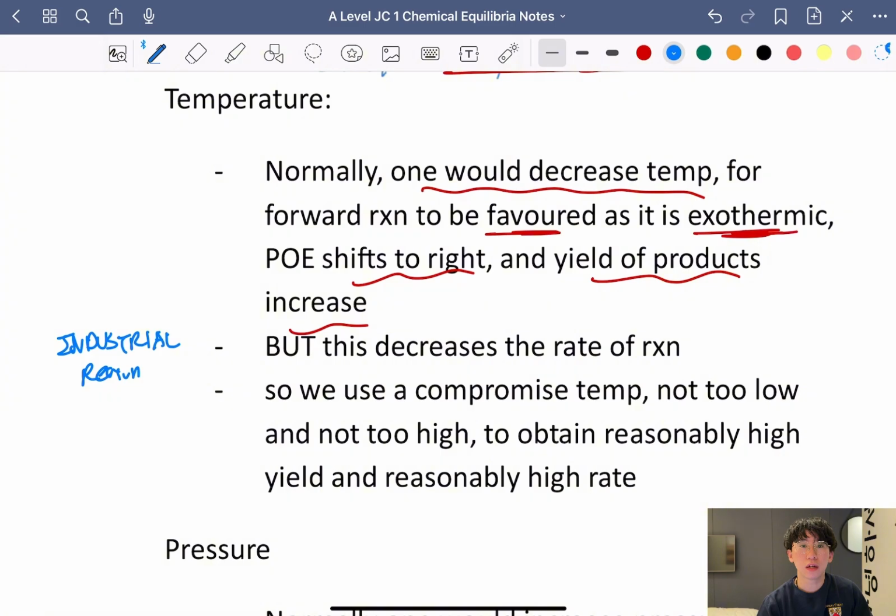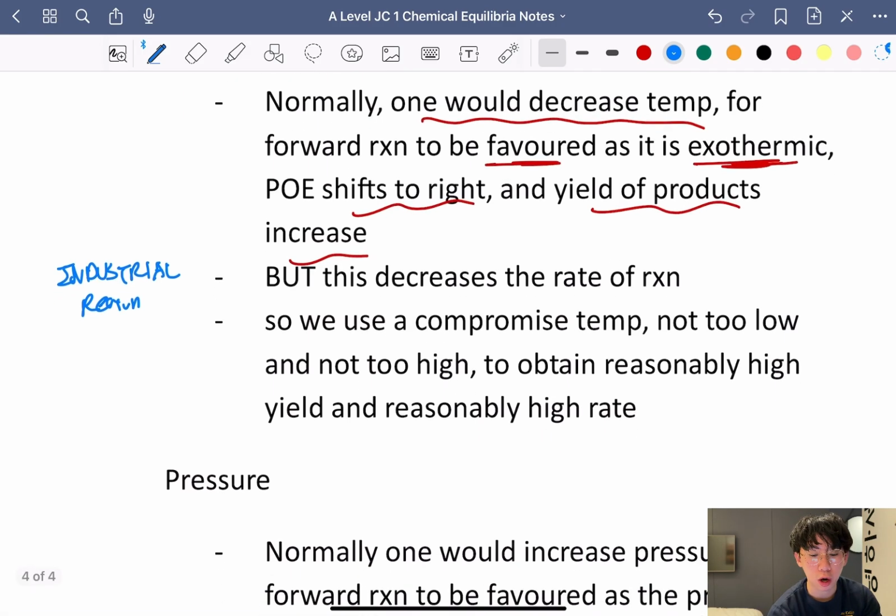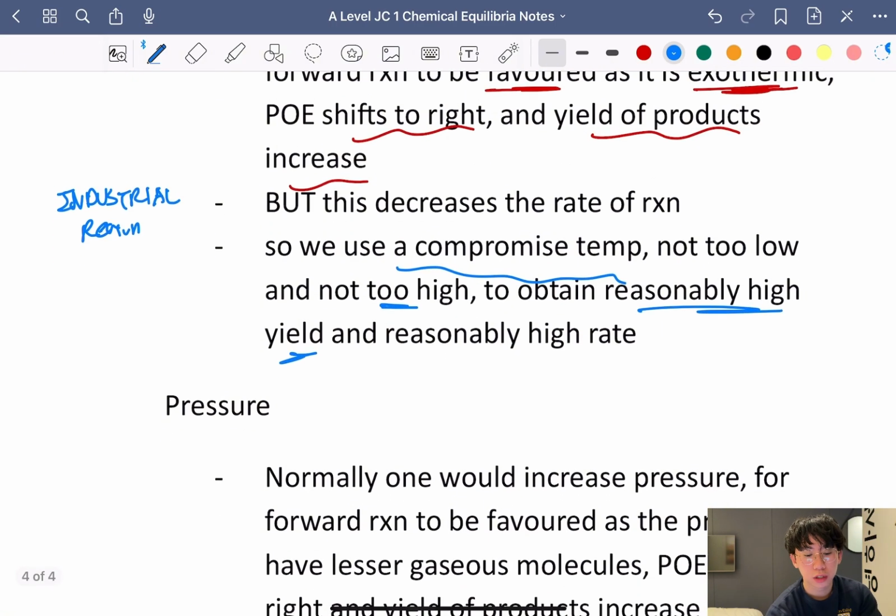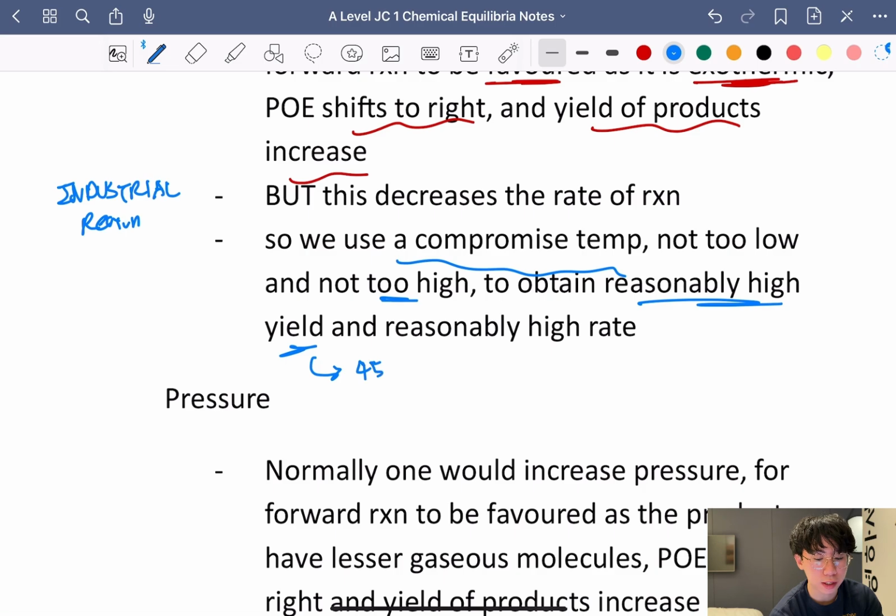And because of that, if you cannot have a high enough rate, it will influence the yield of my product as well. So we use a compromise temperature that is not too low and not too high to obtain reasonably high yield. And the compromise is 450 degrees Celsius.